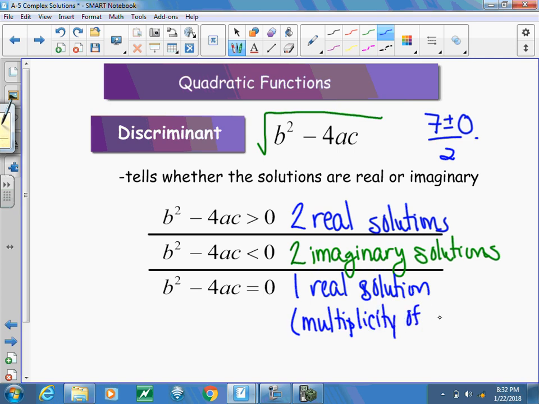That is going to come later on once we start talking about our polynomial unit. But just looking under your square root right there, you have enough information to determine how many and what type of solutions you are going to have.